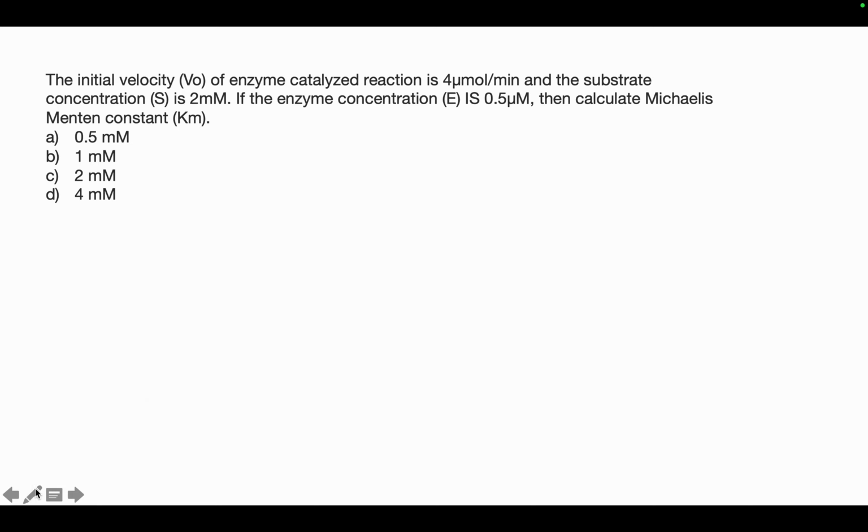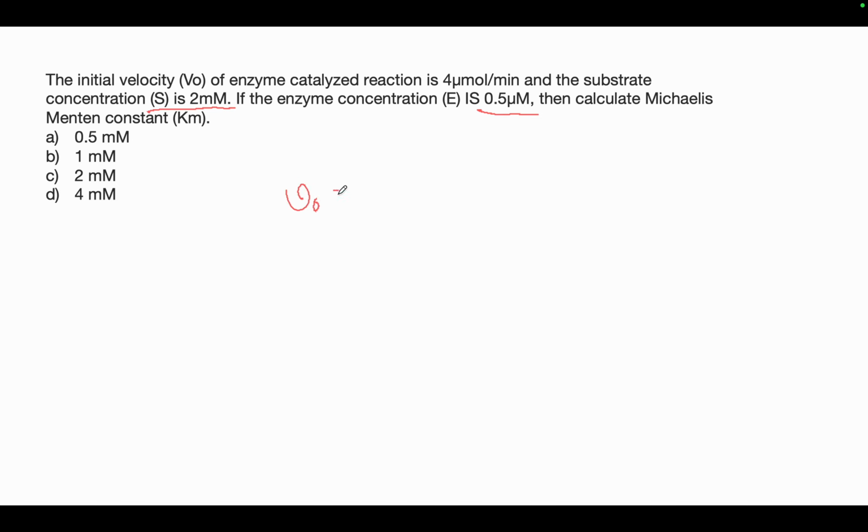So this is the problem. Initial velocity for the enzyme catalyzed reaction is 4 micromole per minute, and the substrate concentration is 2 millimolar. If the enzyme concentration is 0.5 micromolar, calculate the Michaelis constant.